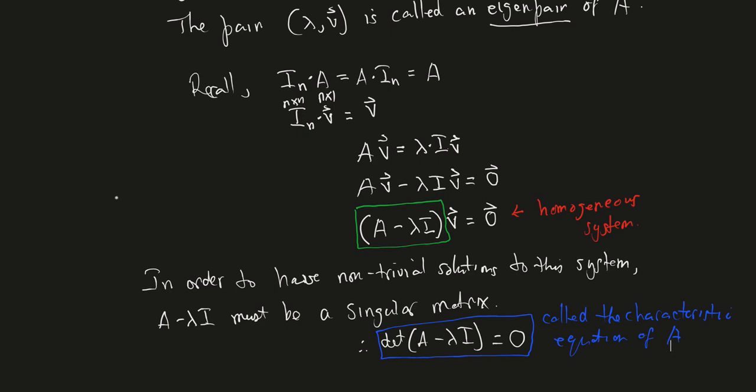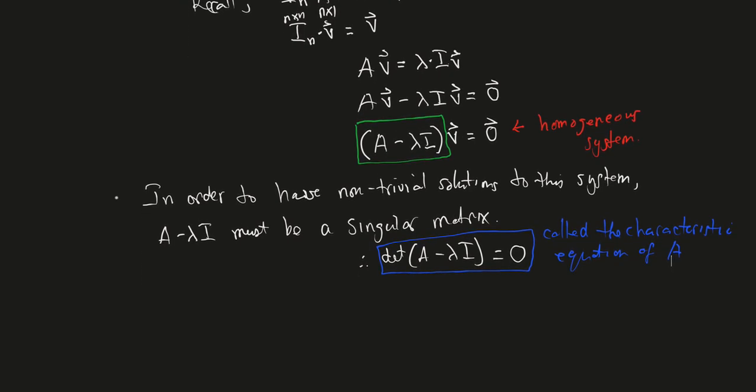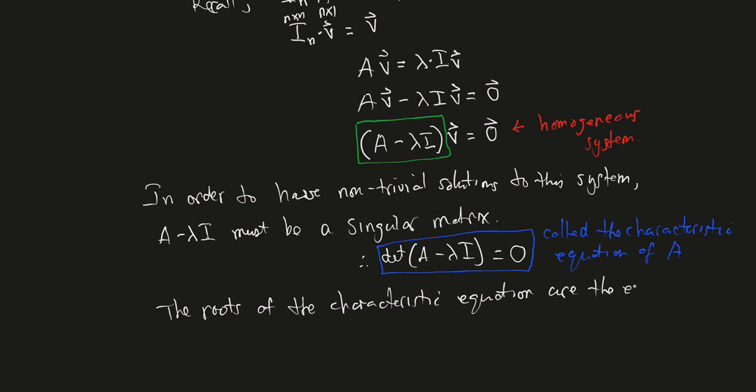So we use this characteristic equation, right? In fact, let me say it this way. The roots of the characteristic equation, those roots are in fact the eigenvalues of the matrix.